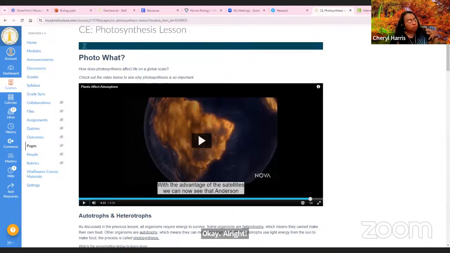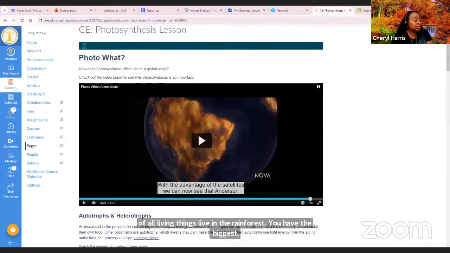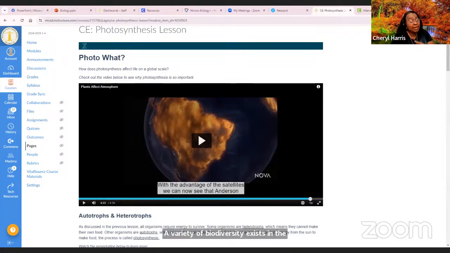So what we're looking at is the relationship between photosynthesis and respiration. Again, photosynthesis makes the oxygen. He started off by saying most living things live in the rainforest. The biggest biodiversity exists in the rainforest, that's plants and animals.